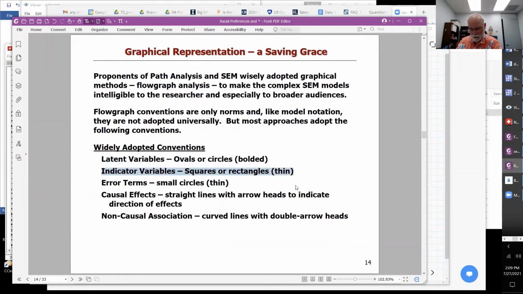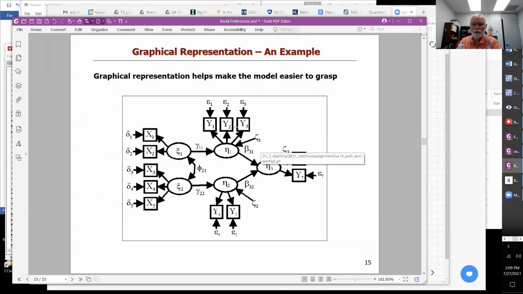Sometimes people will go to some pains to make sure that the lines are thinner. Where we have the y's and the x's, we have little rectangles or squares. Here, the distinction with the lines is not maintained. Everything has a fairly thick line, but a square means that's an observed variable. The oval means that's a latent variable.